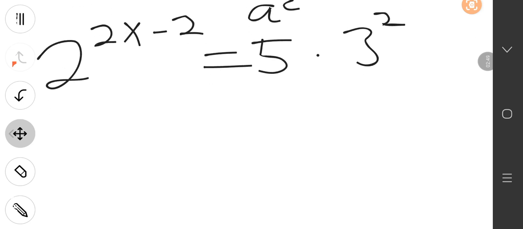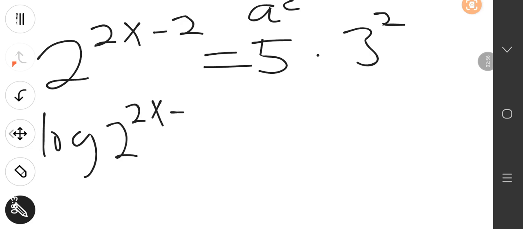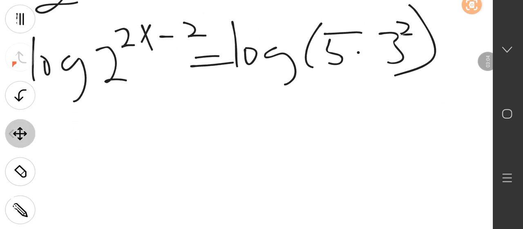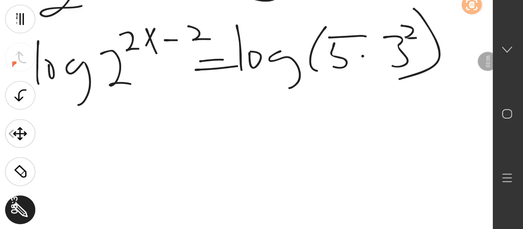All right, now let's apply logarithm at both sides of the equation. So we say log 2 exponent 2x minus 2 equals log 5 times 3 squared. All right, so we are going to apply, okay, the logarithm definition at the left side, and then we are going to apply the product law of logarithm at the right side.